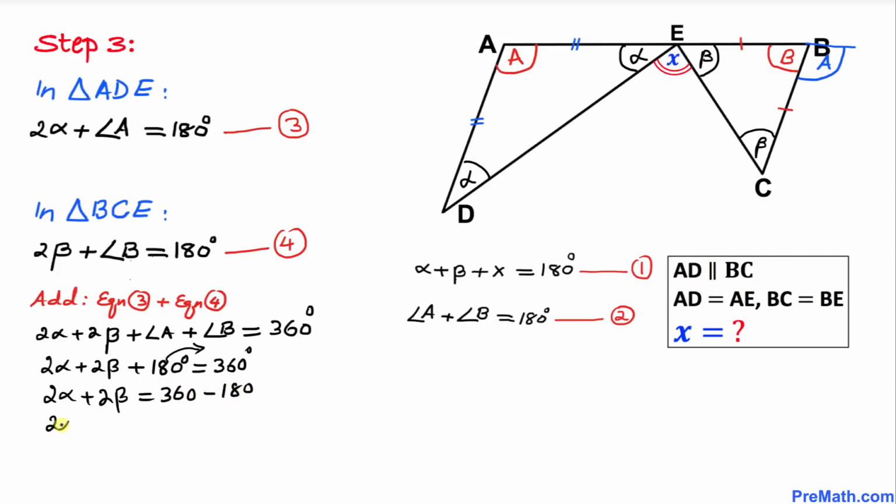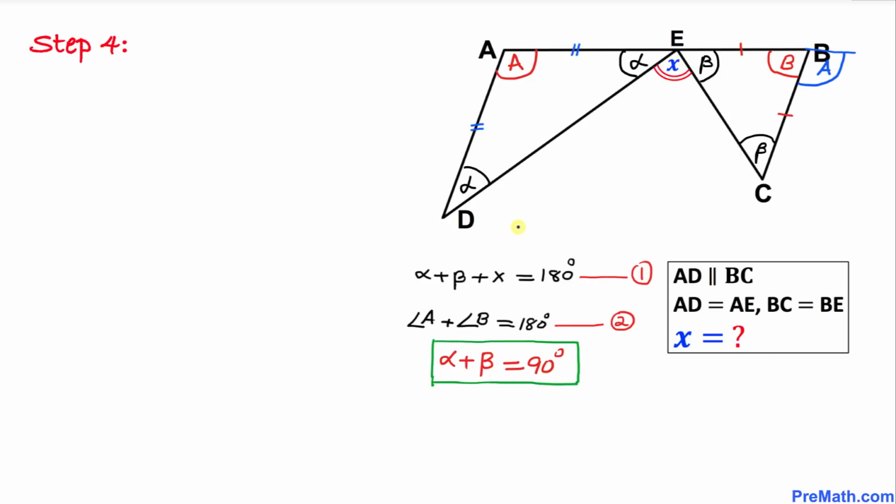That means 2 alpha plus 2 beta equals 180 degrees. Let's divide across the board by 2 to make things simple. So our alpha plus beta turns out to be 90 degrees. Just keep that in mind.